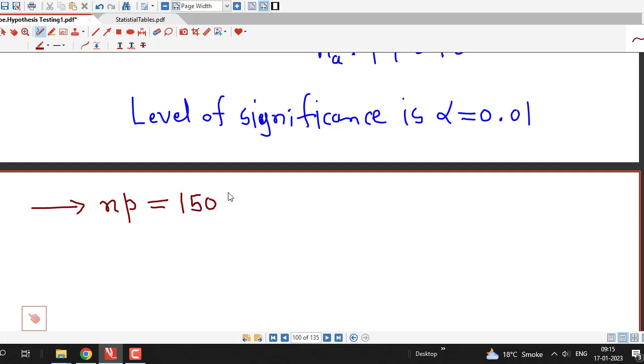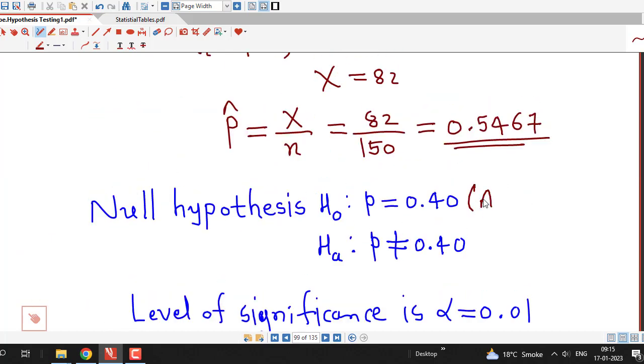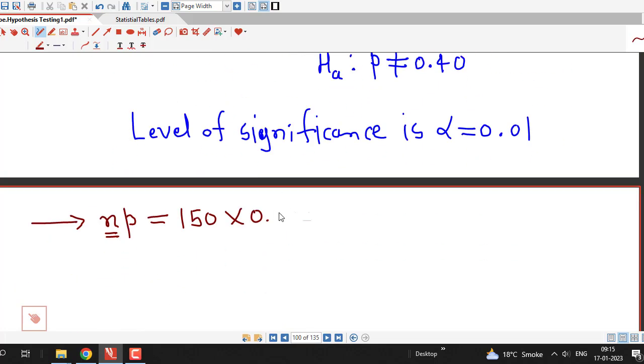Here n is the number of observations in the sample, p is the population proportion, and we assume that this null hypothesis is correct. Therefore we consider p equal to 0.40.